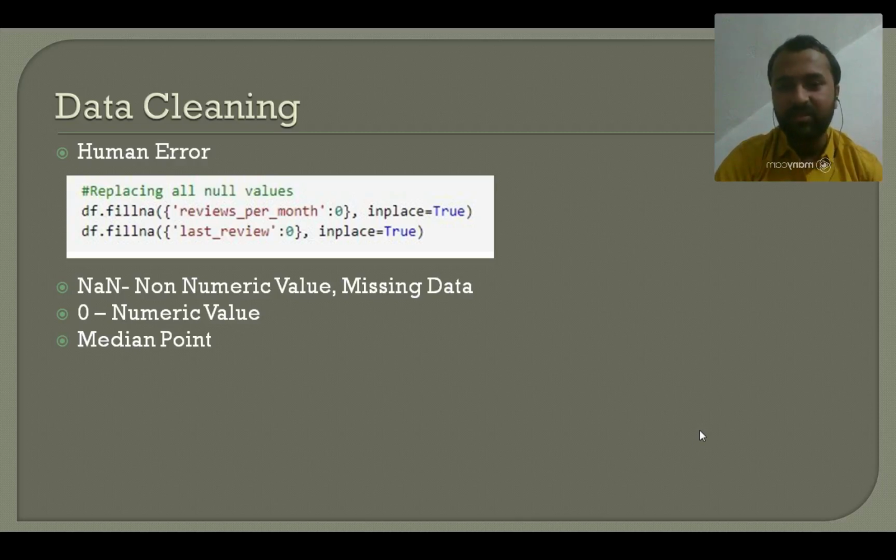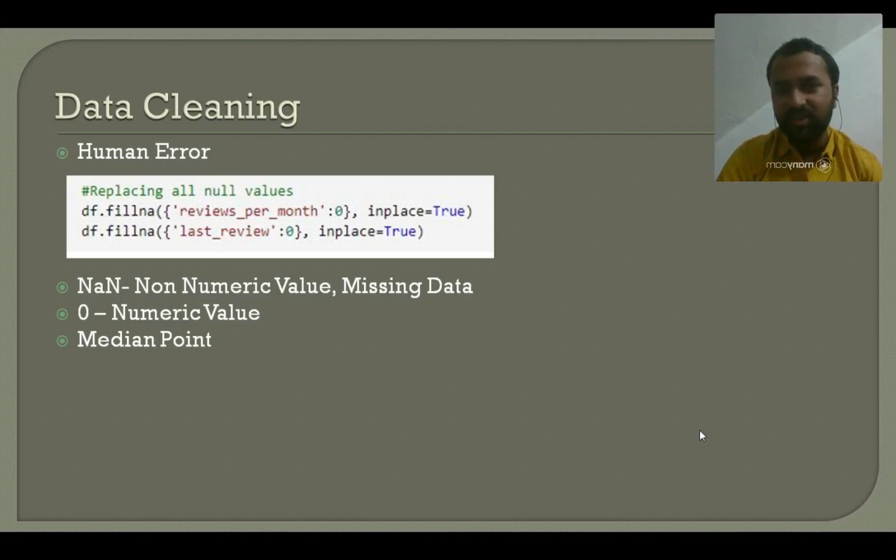Reviews per month were there, last review was there. I replaced all of them with zero. Now the question comes: why have we changed the values to zero only, why not to the median or mean, because a mean is also present for the price. The reason was, suppose the mean price in the data set is 150, and I replace the NaN value with 150.